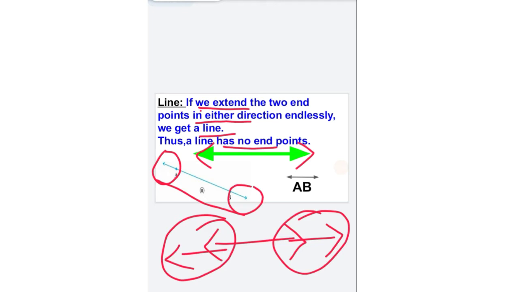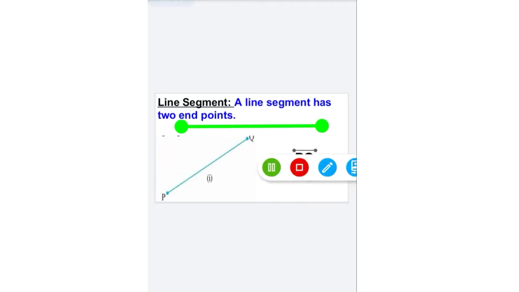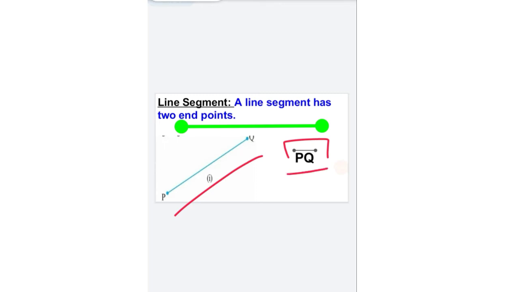Now you can see here an example of a line which is AB, having arrows on both of its sides. Now how can we represent a line? Here you can see it has A and B on both sides, so we can write it as AB. But as in the case of a line segment, where we learned that we put a line segment above the letters, for example here we have PQ, so we put a line segment above PQ.